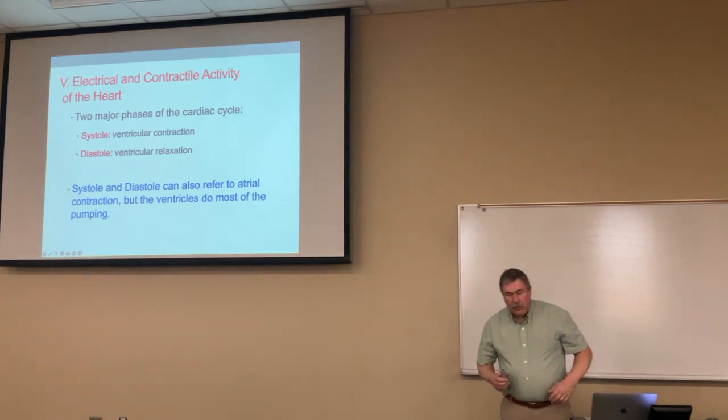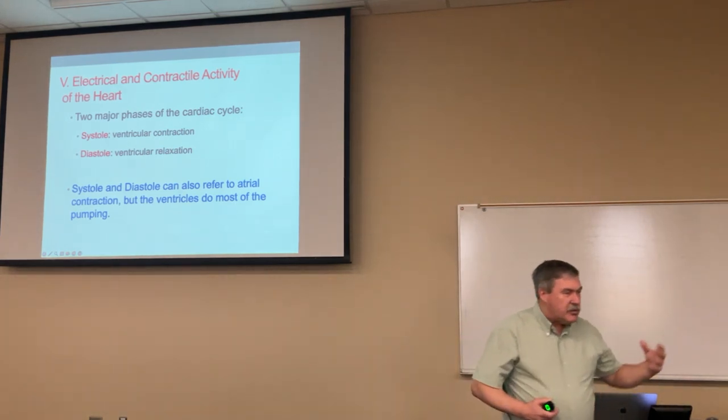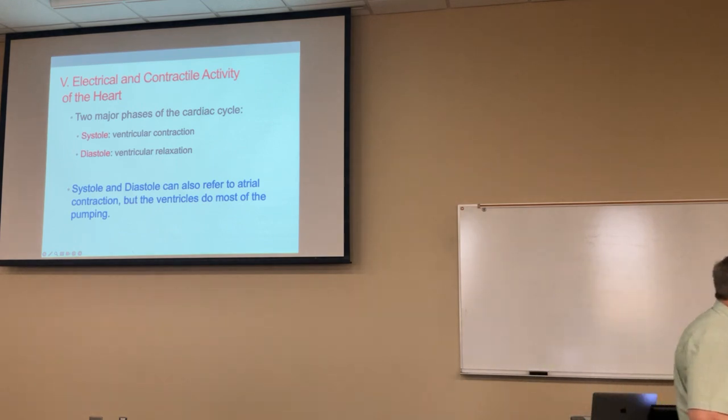All right, so on Friday we went through the conduction system of the heart, which starts with the SA node, and then it goes from the SA node to the atria, causing the atria to contract and complete the filling of the ventricles with blood.